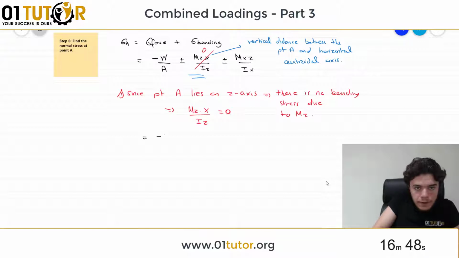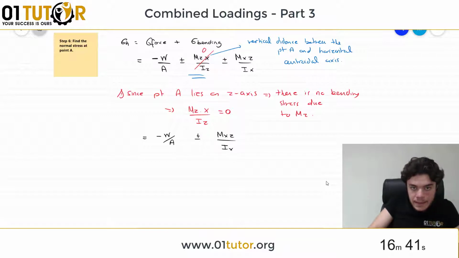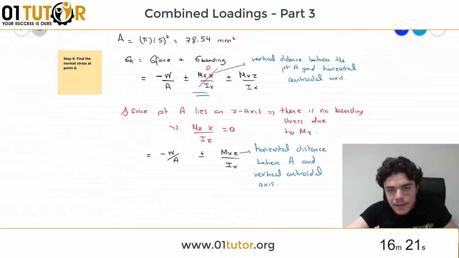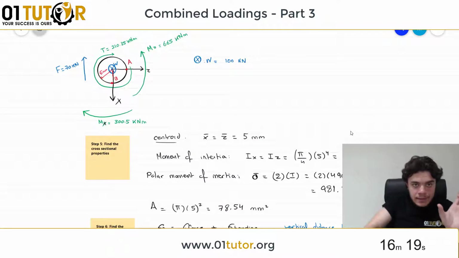So this is minus W over A plus or minus Mx z over Ix, and z in here is going to be the horizontal distance, because z is the horizontal axis. It's going to be the horizontal distance between A and the vertical centroidal axis, which is the x-axis, meaning x in here is going to be 5 millimeters.